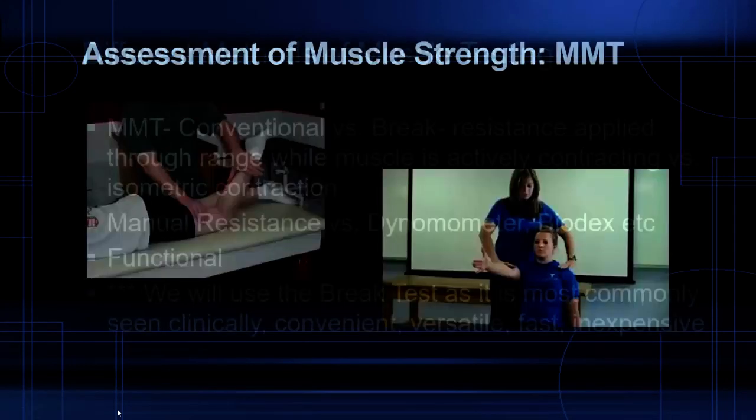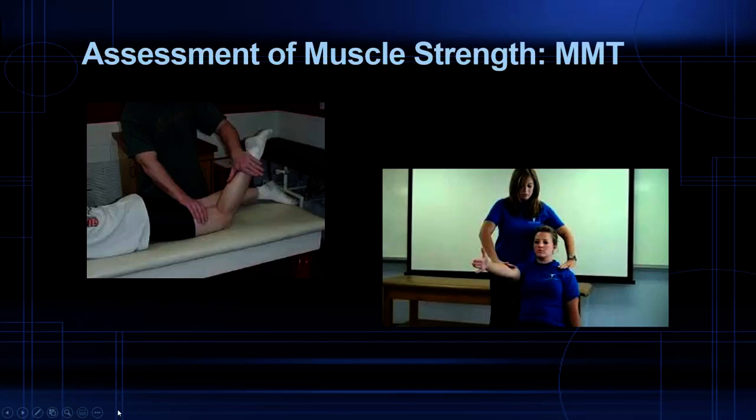Okay. So here's a couple pictures of a student, I think, doing a hamstring muscle test here, because they're pushing down on the knee, so the patient is holding knee flexion, and the therapist is trying to break that knee flexion, pushing that knee down into extension.